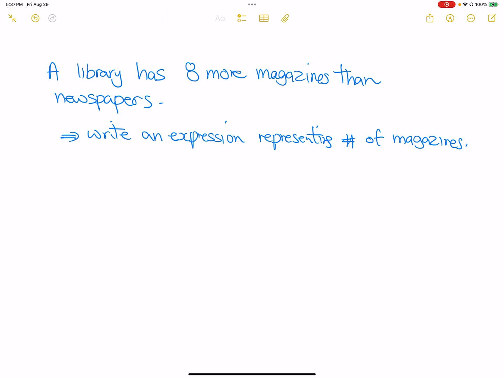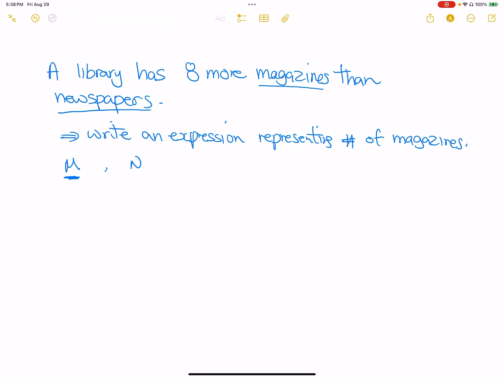In this question here, we have magazines, which is, let's say, M, and we have newspapers, which is N. If we want to represent the magazines, then in this question, we are relating magazines to newspapers.